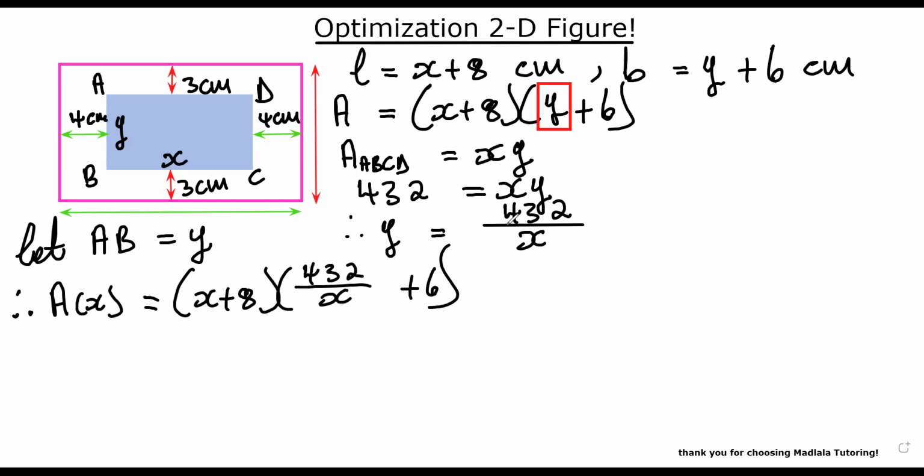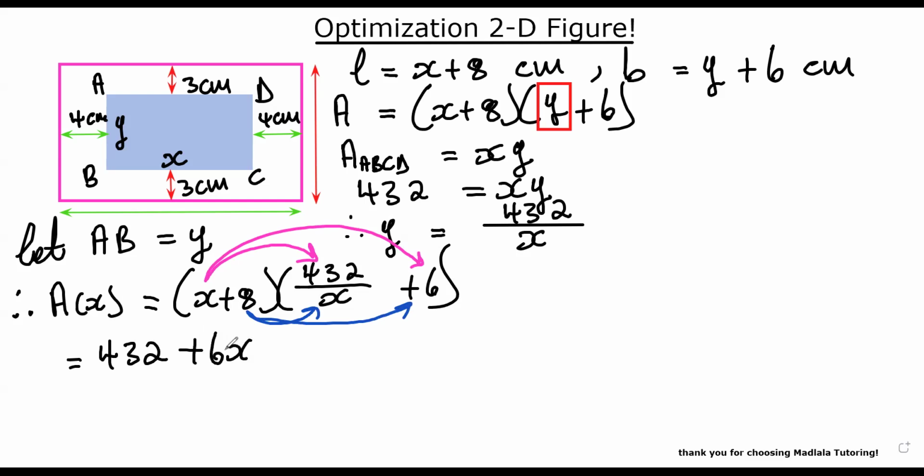So we need to apply the FOIL method in this case. So we say this one by that, this one by that, this one by that, and this one by that. So what do we get? Well, x times this thing, the x's will cancel out, so you get a solid 432. And here you get 6x.